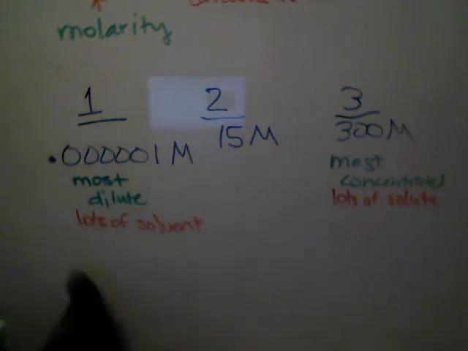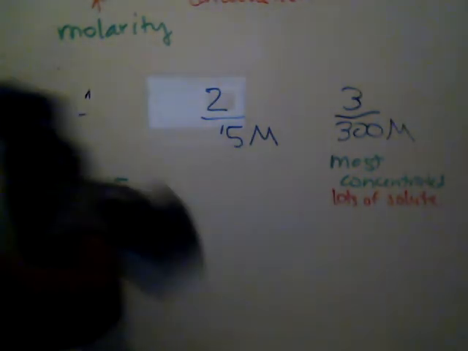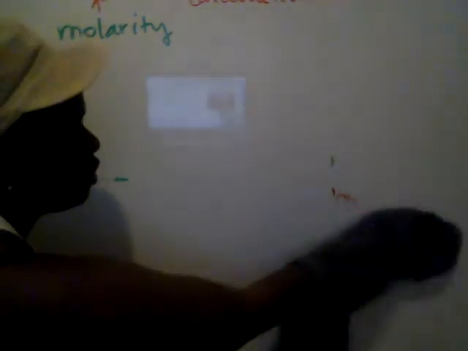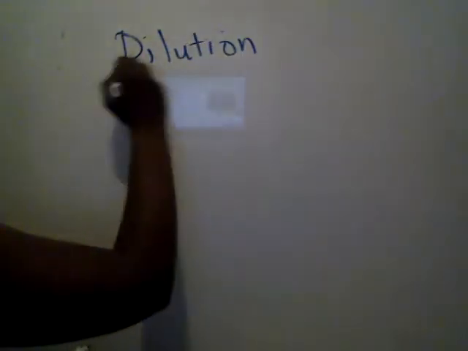The other equation that's important in this section are dilution equations. So if we want to dilute something, we want to make it less concentrated. We want to make it more watery in a sense. So let's look at that dilution equation. So dilutions. If we want to dilute something, we want to make it less concentrated.